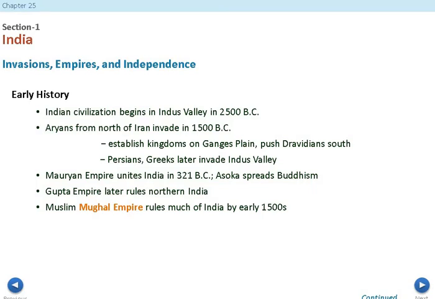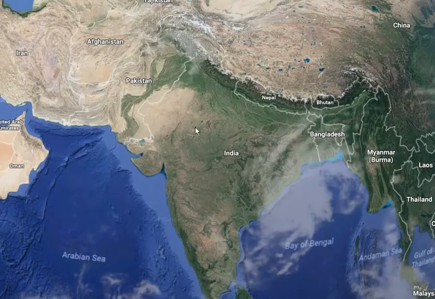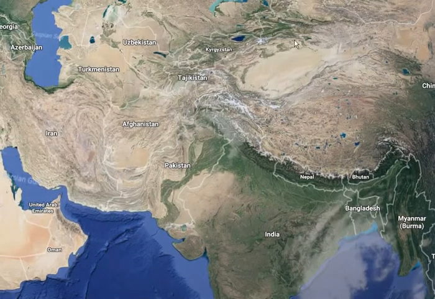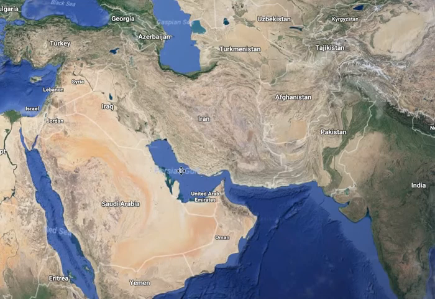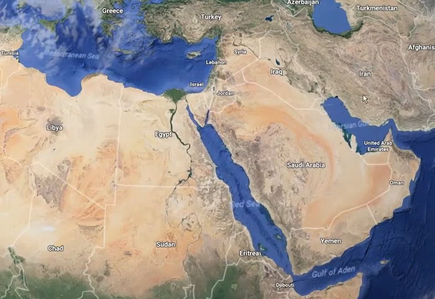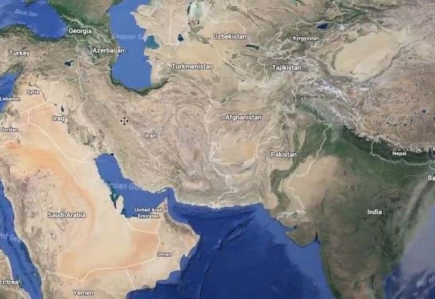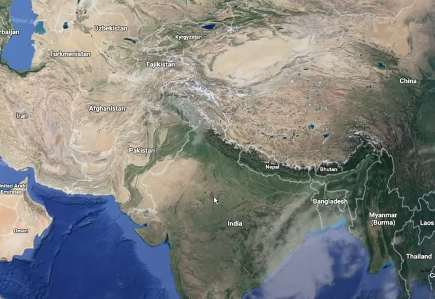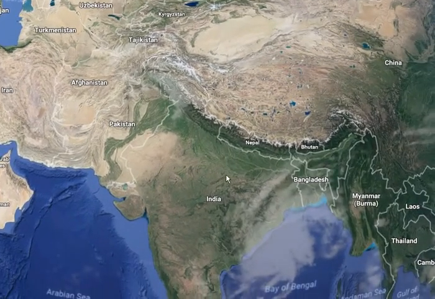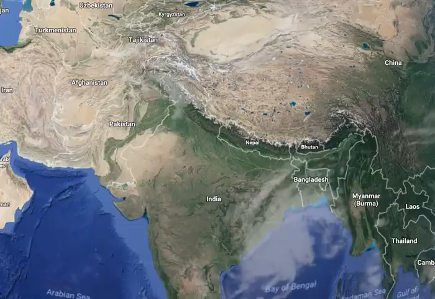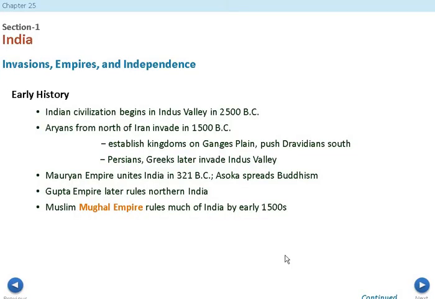If I go back to the map of India, around this area there is a lot of gray. Look at Saudi Arabia and continue on into the northern part of Africa; there is a lot of gray here, and as you can see, India is very, very green, and they're the first stop when people are trying to migrate looking for better land.